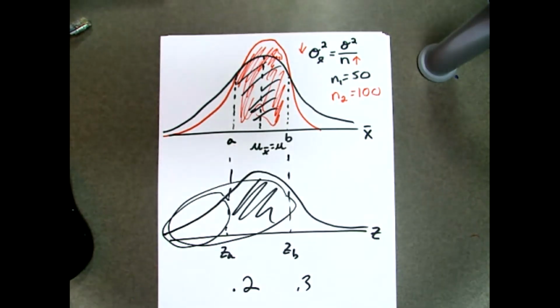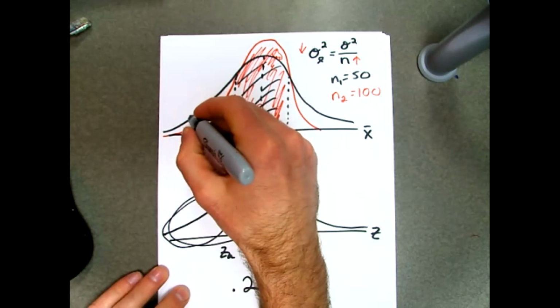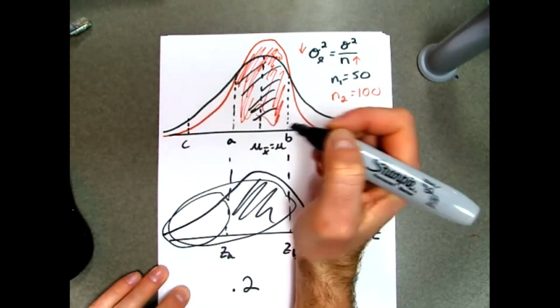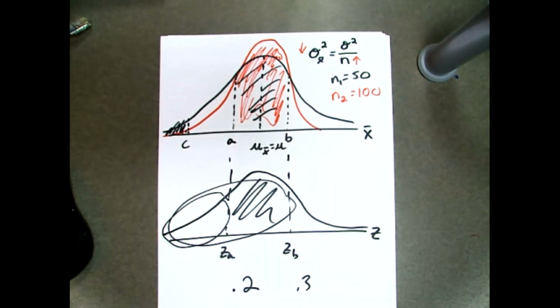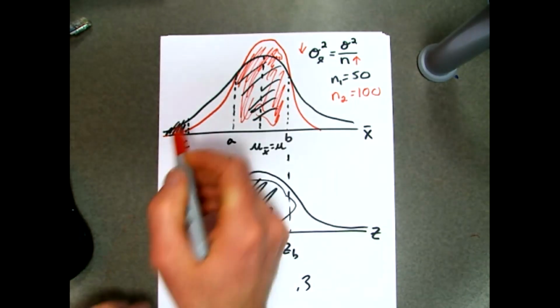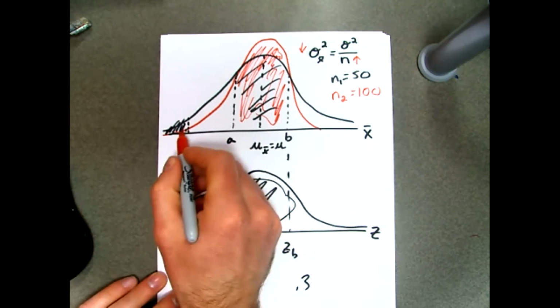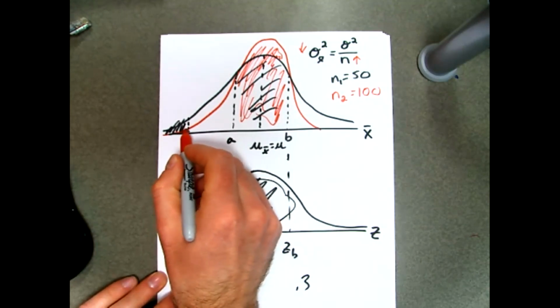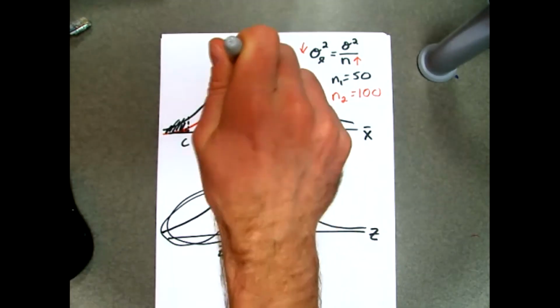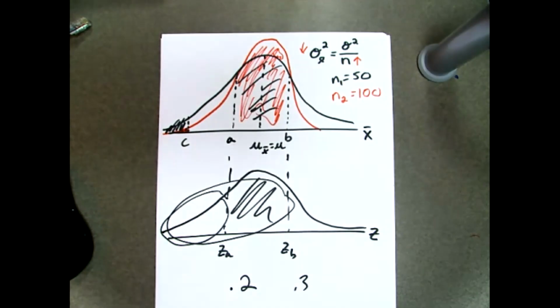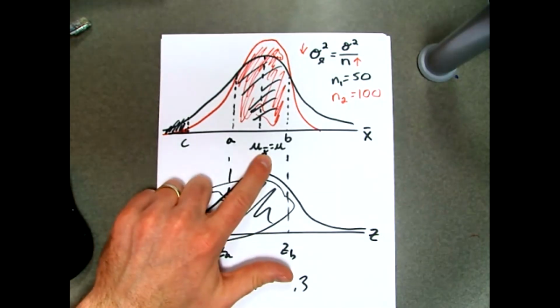If I chose a value out here, with a sample size of 50 there's some probability I see something this far from the mean, but with a sample size of 100 that probability becomes much, much smaller. So by taking higher sample sizes, I can increase the probability that I see a sample mean closer to the true population mean, which is good because in practice I can't see this.